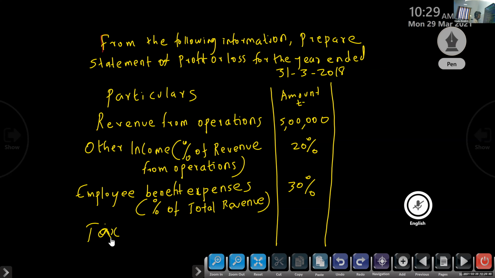Tax rate. Okay, revenue from operations 5 lakh. Other income is a percentage of revenue from operations, 20%. Employee benefit expenses is a percentage of total revenue. So next class we will do this one. Then after that, major head and subhead, then we can complete this chapter.